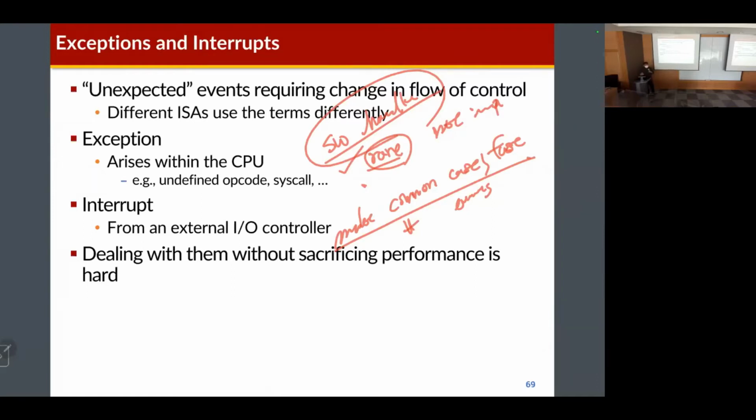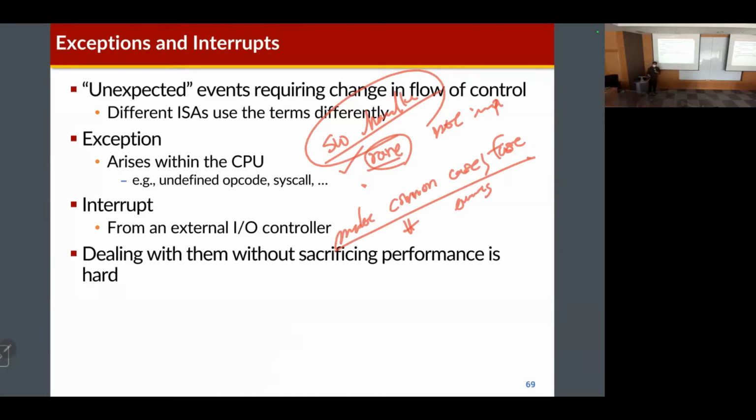Some kinds of exceptions also include interrupts, like typing on the keyboard, moving the mouse, or touching a touch screen. Those events are generated by input and output devices like keyboards, mice, and touch screens.